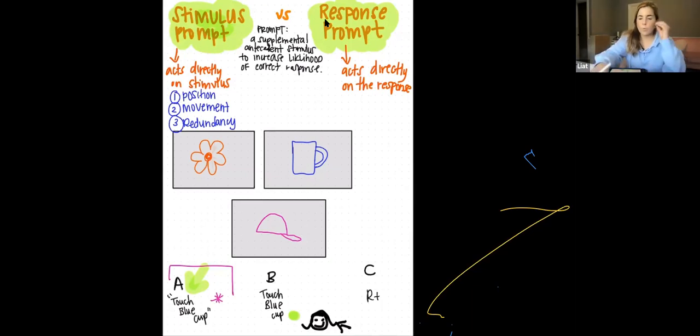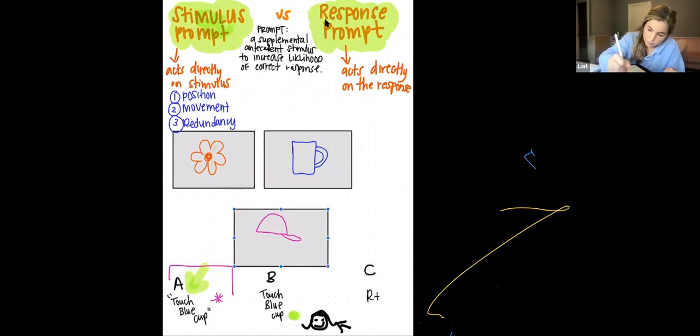Now, redundancy means I am doing something to make that stimulus more redundant, or to stick out more, or to call your attention more. So maybe it's going to be like this. It could be something simple that, let's say, all of these are black and white.